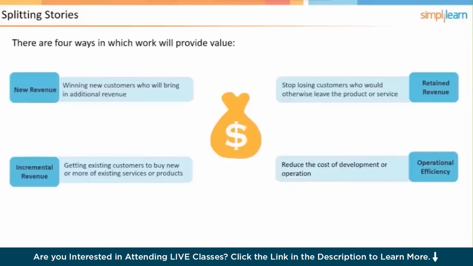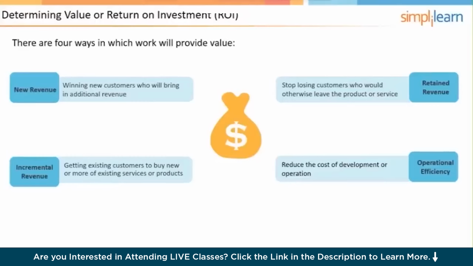Now, when it comes to determining value for user stories, this is primarily owned by the product owner, right? And it always comes back to money, but the value can be looked at from different points of view. So new revenue, obviously, getting new customers and having them buy stuff. Below that, there's another consideration, incremental revenue.